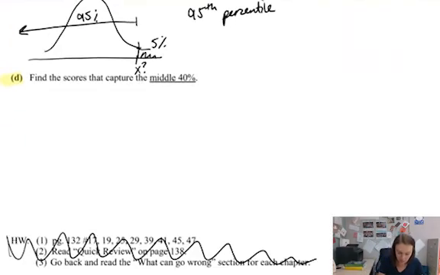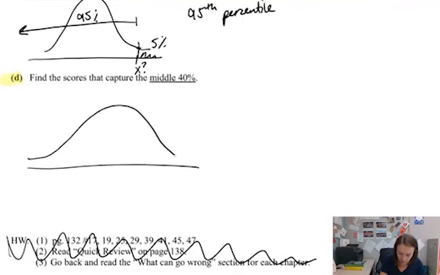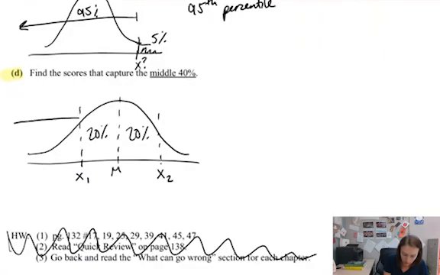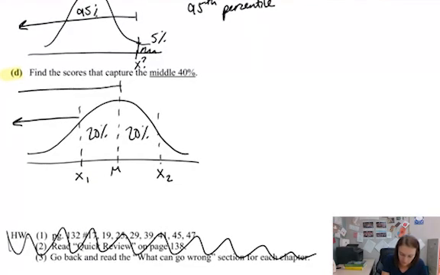And then the middle 40%, just to set you up here. So the middle 40%, if this is my mean, then I want 20% here and 20% here. So I want this value and this value. Think about what percent has to be below those. If this is 50% below the mean and that's 20, then I have 30% here.